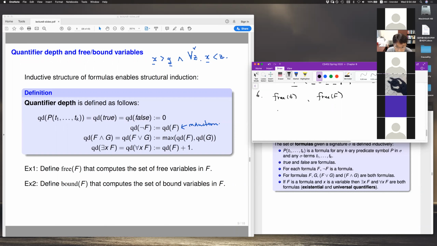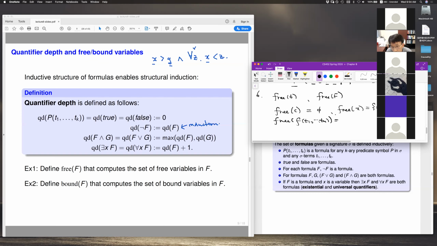For the first function, free of t, there are three cases. The first case is free of constant c, which returns the empty set. The second case is free of variable x, which returns the singleton set x. The third case is free of some function applied to t1 up to tn.